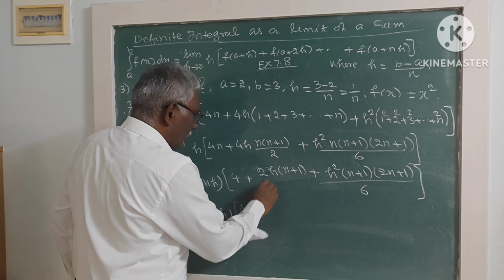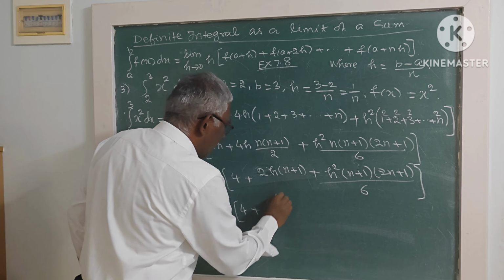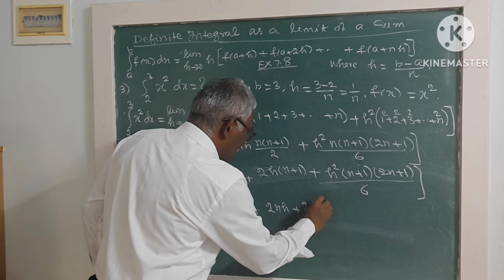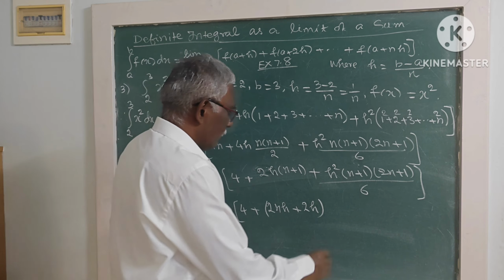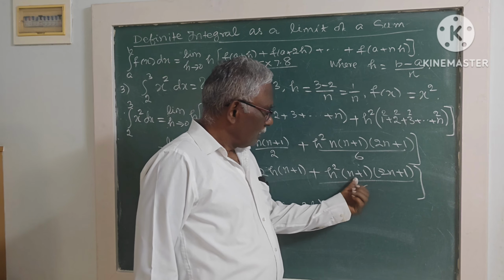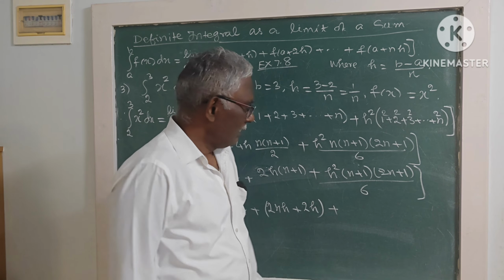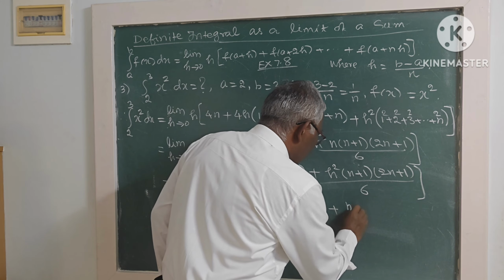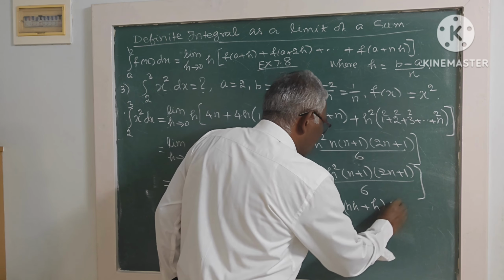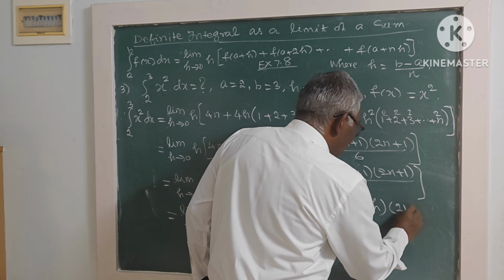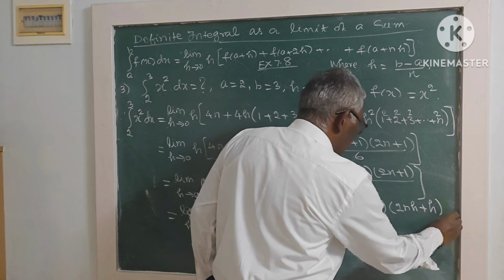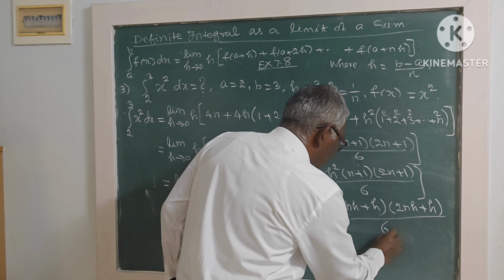So 4 plus 2nh plus 2h, h square is there. We will multiply this by h, again this also by h. So nh plus h, 2nh plus h by 6.